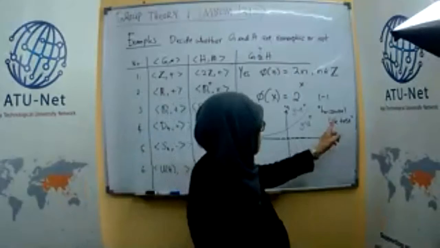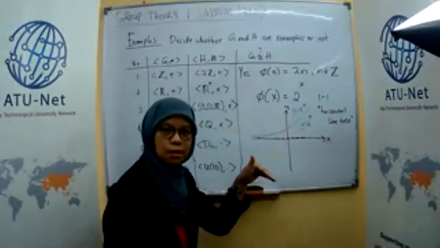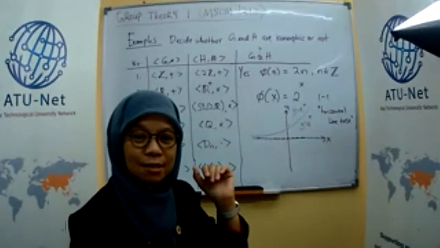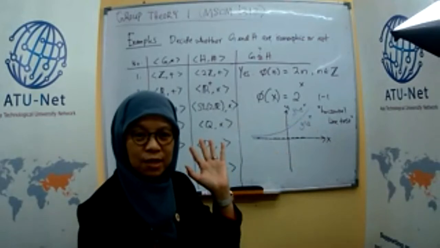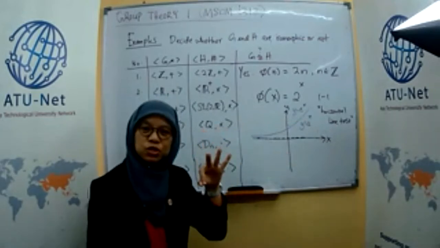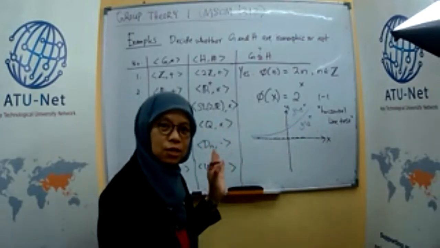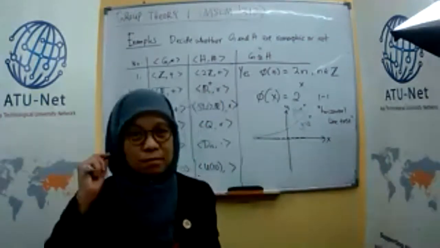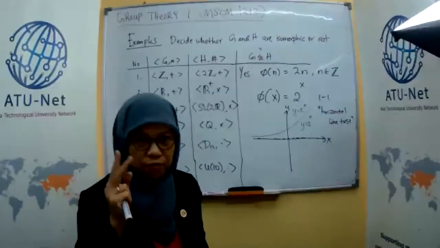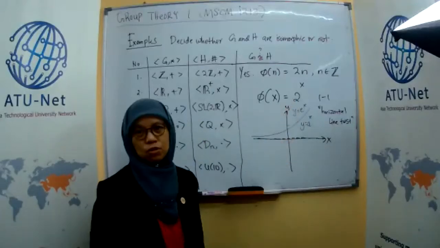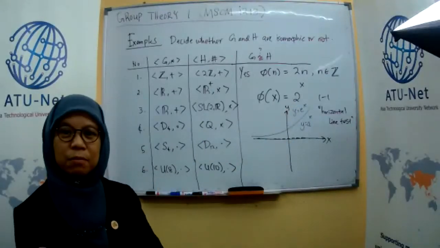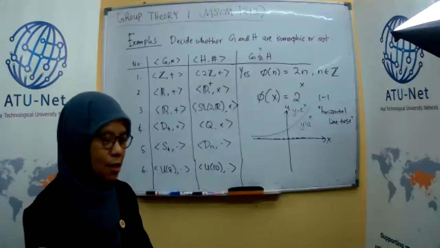One-to-one because of this. But you also have to check preserving operation. If this satisfies all those three, this is an isomorphism, so I can say these two are isomorphic. If this is not an isomorphism, you cannot say they are not isomorphic, because there might be another mapping.